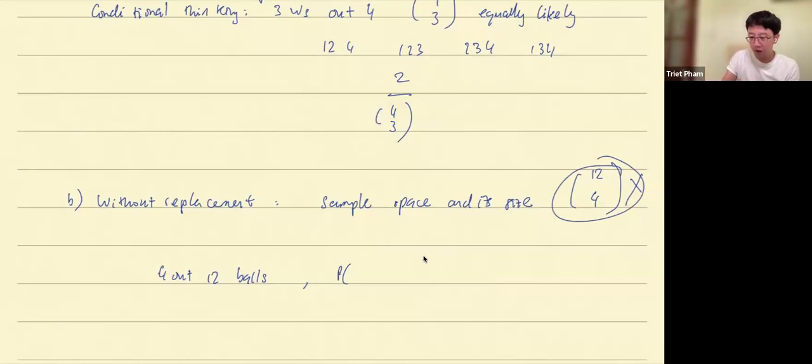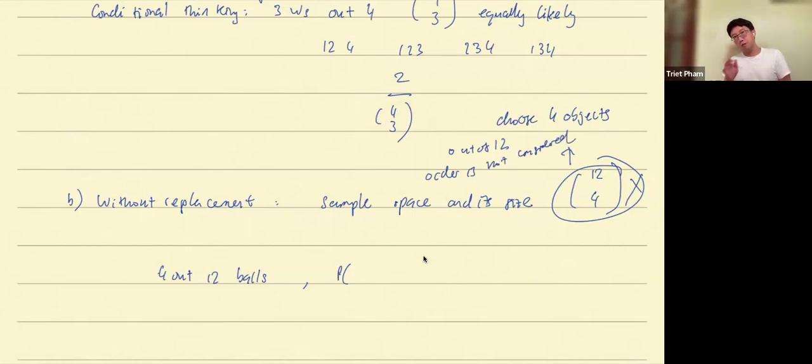So what I'm trying to say is, if we think of 12 choose 4 as choosing 4 objects out of 12, that's how we tend to think of 12 choose 4, then order is not considered. Does that make sense? So it can address questions like the probability of exactly 3 whites in the 4.